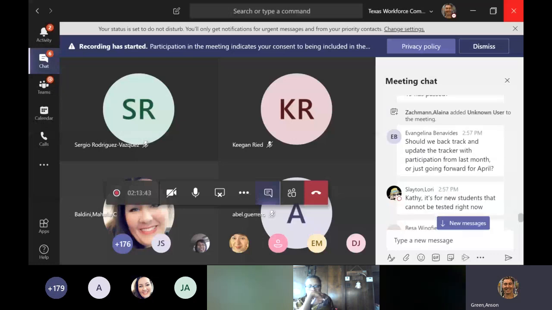Should we backtrack and update the tracker with participation from last month or just going forward for April? My answer, and Mahalia can enhance it, is it all depends on whether they are a new student. If they're a new student, yes, they need to go into this.